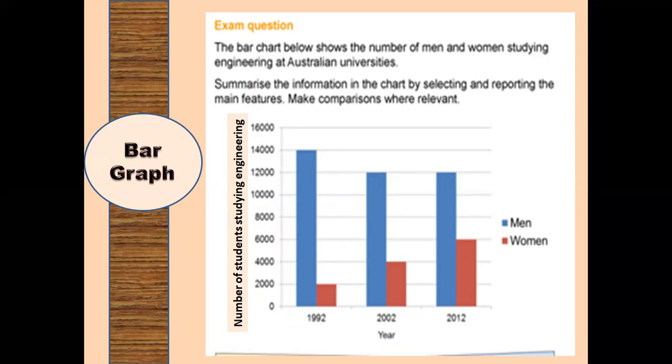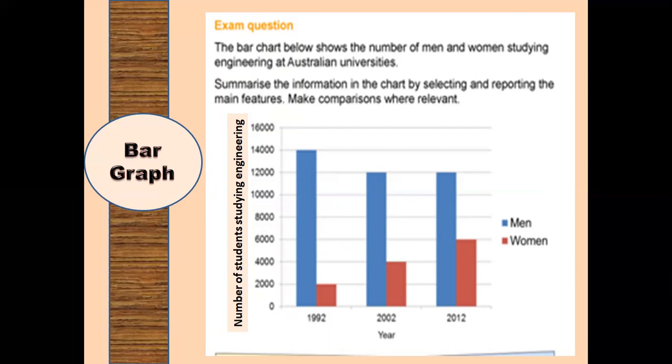In 1992, what do you observe? What is the comparison of the men and women? What is the initial number of the women that is represented with red color? That is 2000. And the number of men in the same year is 14,000. So there is a greatest difference between these two.